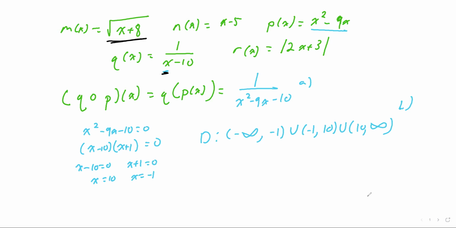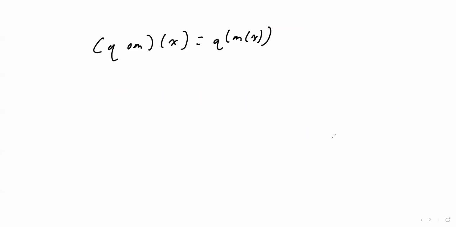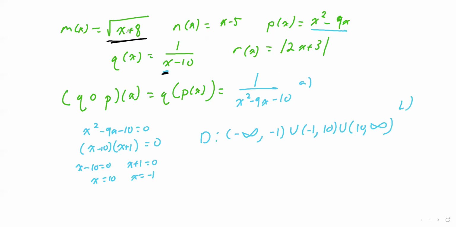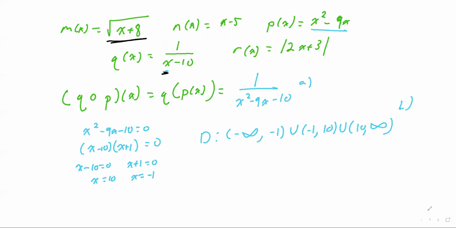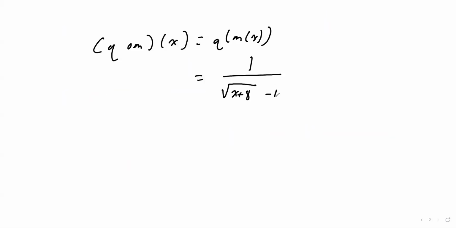So this now becomes 1 over, instead of an x, whatever M was, which in this case is the square root of x plus 8, minus 10. All right, and that's it. That's as far as you can go with it.